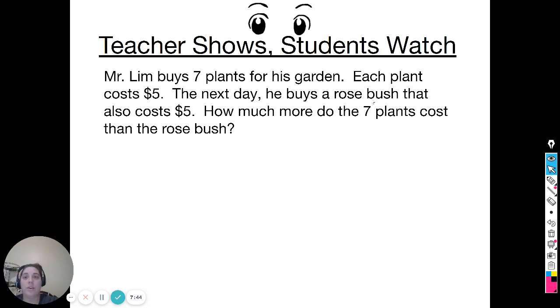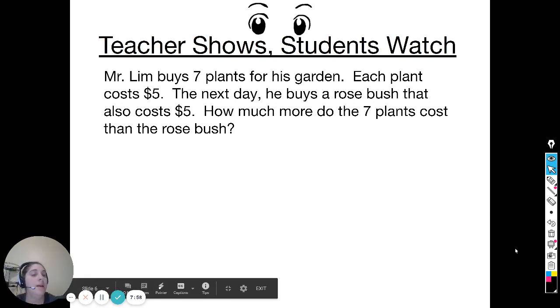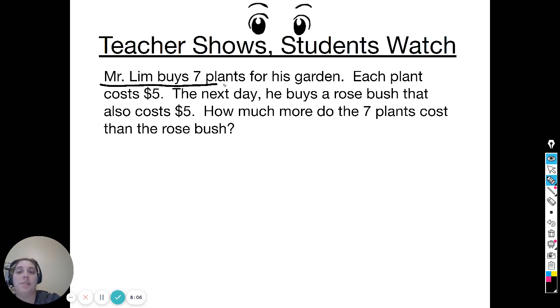Okay, so now we are to this word problem. This is one of our 2-step word problems. So I'm going to show you how we do a 2-step word problem, and then I'm going to have you doing one with me. So first I'm going to read it to you. Mr. Lim buys 7 plants for his garden.